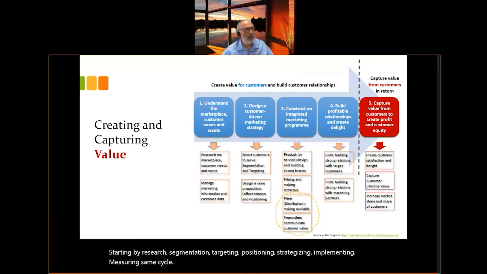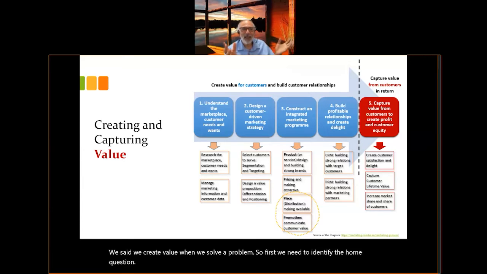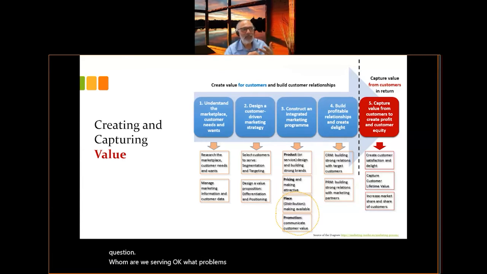This is how to create value. We said we create value when we solve a problem. So first we need to identify the whom question. Whom are we serving? Okay. What problems do they have? And then we construct an integrated marketing program, our marketing mix.